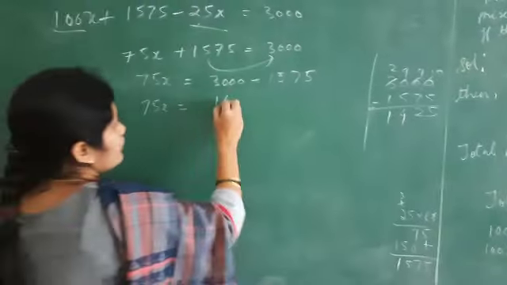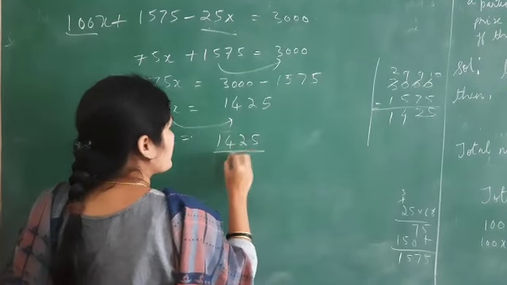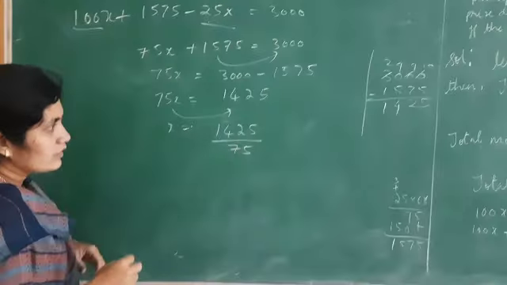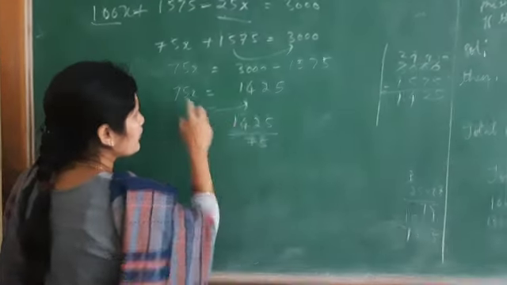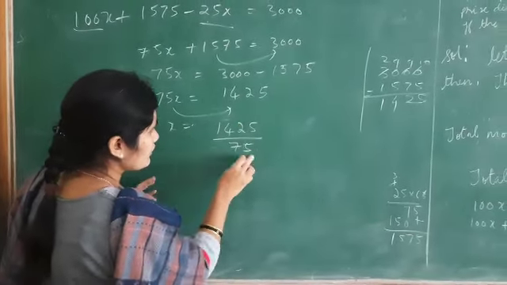Now x is equal to 1425 divided by 75, transposing the 75 to the RHS. Why divided by 75? Because here it is a multiplication. When it is transposed to the RHS, it becomes division.